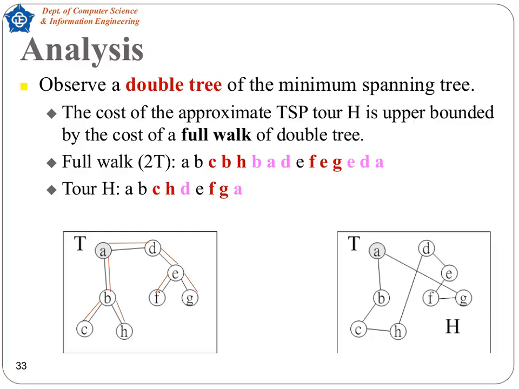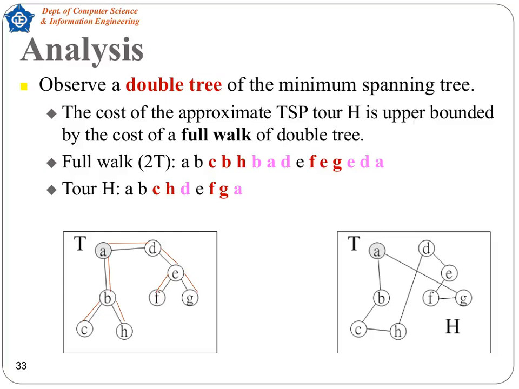Next, we shortcut all repeated visits to produce a true Hamiltonian cycle, A, B, C, H, D, E, F, G, A. By construction, none of these shortcuts can increase the path length, so the cost of our approximate TSP tour is at most the cost of the full doubled tree walk, which is 2 times MST.